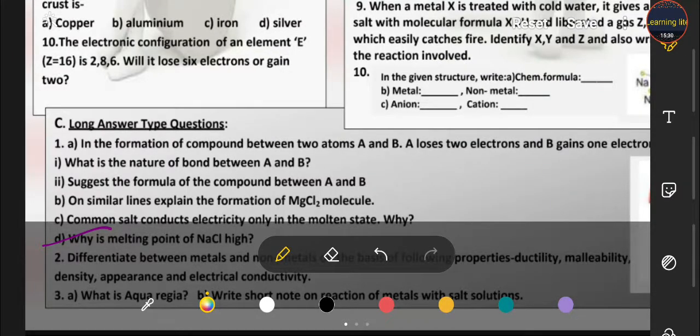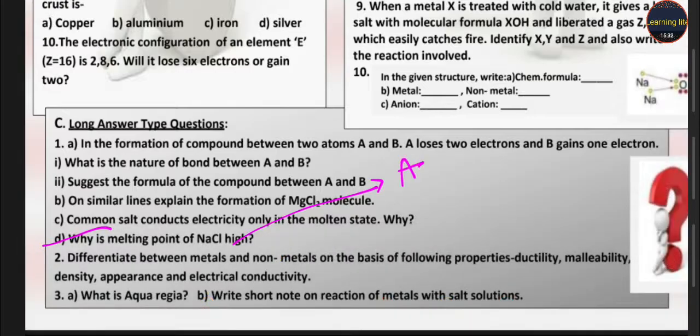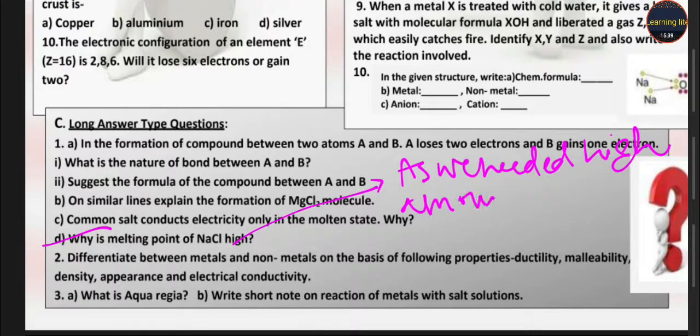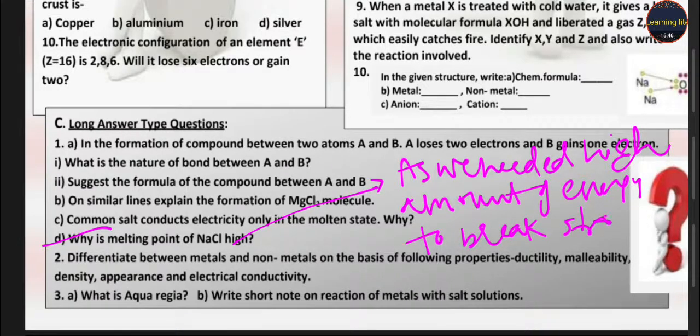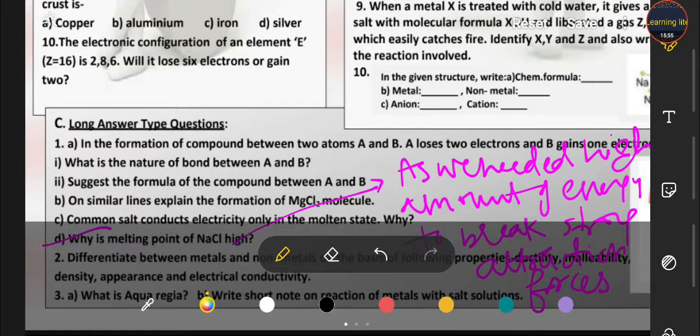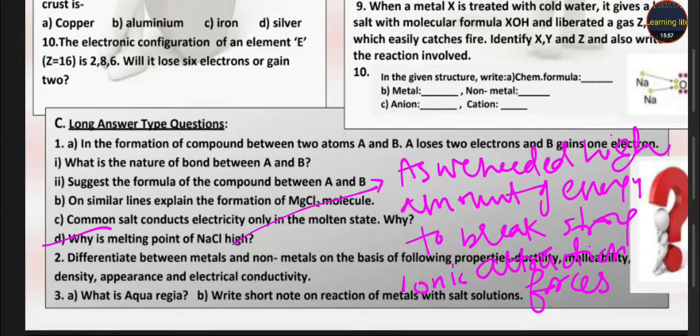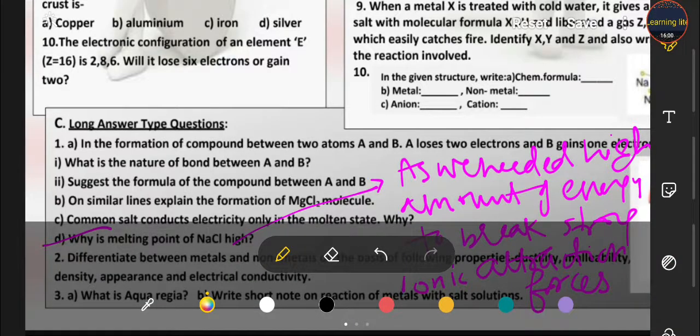We need a high amount of energy to break down the strong attraction force. Which force, student? Strong ionic forces. Ionic attraction forces. So its melting point is very high.